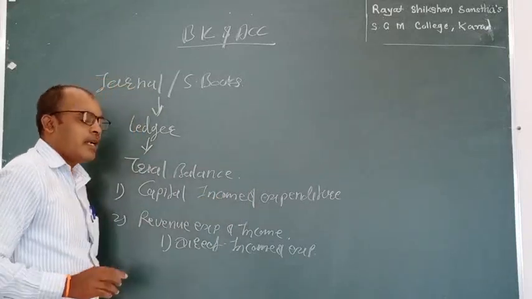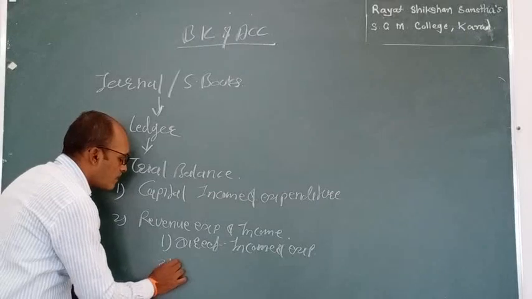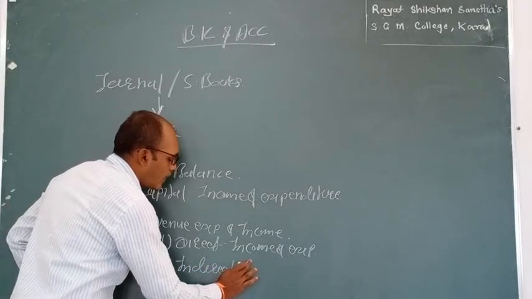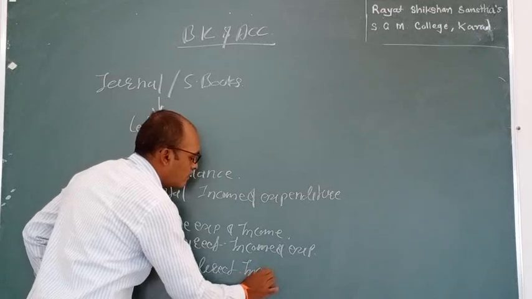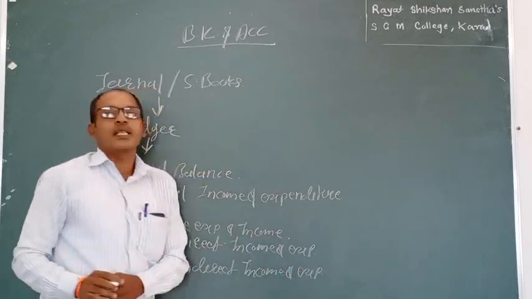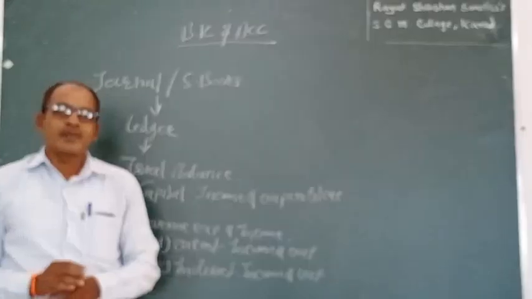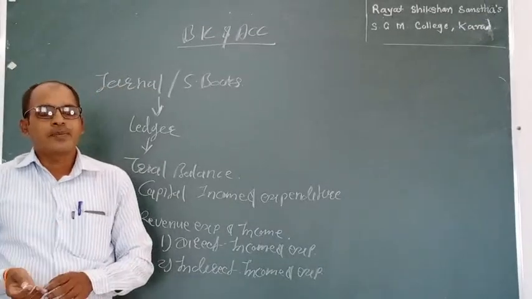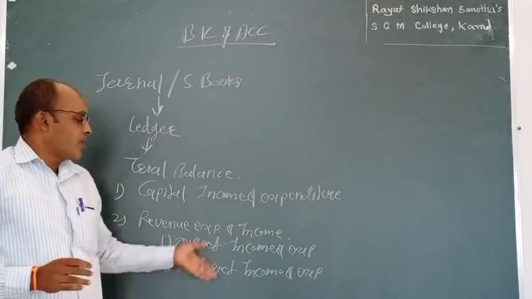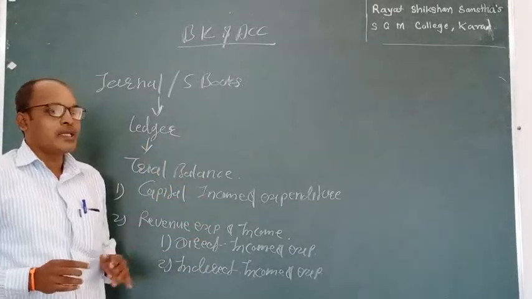And second, indirect income and expenditure. Indirect income and expenditure means expenses related to office expenses, selling expenses and administration expenses are called indirect income and expenditure.